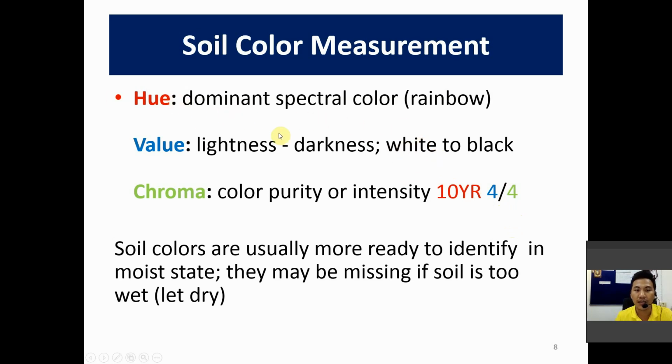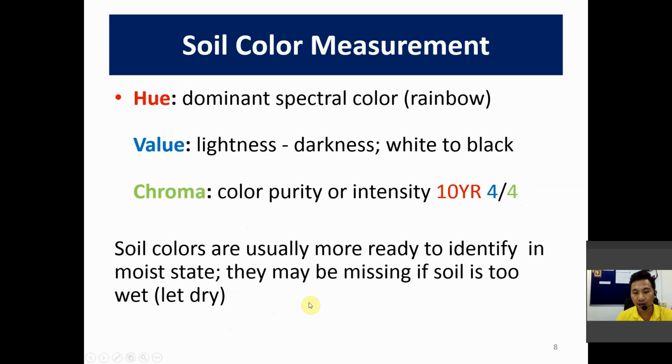Hue is the dominant spectral color, like the rainbow, where you have different colors, and value is the lightness and darkness from white to black. I will give you more detail on each of these. And chroma, the last one, is the purity or intensity of the color itself. I give you a code here, this is 10YR 4/4. The 10YR part is the hue, the first 4 refers to value, and the last 4 refers to chroma.